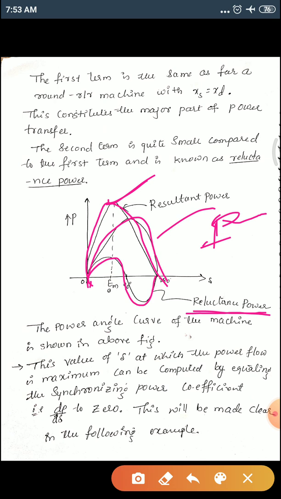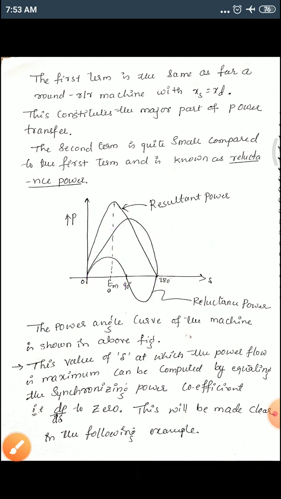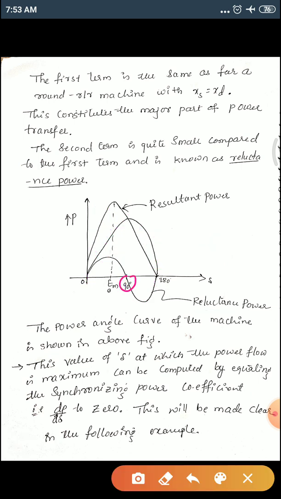Just observe that in your resultant you are getting a maximum power, not at 90 degrees. You can observe, it is at less than 90 degrees that you are getting the maximum power.